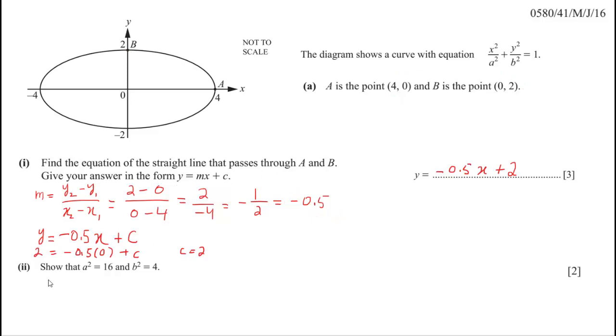In the next part we have to show a square is 16 and b square is 4.